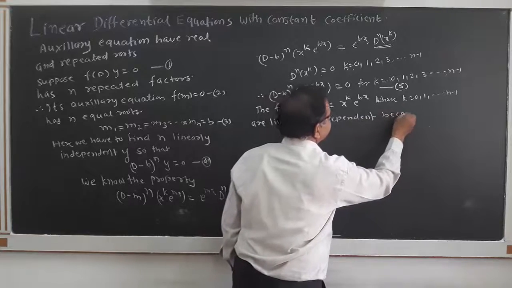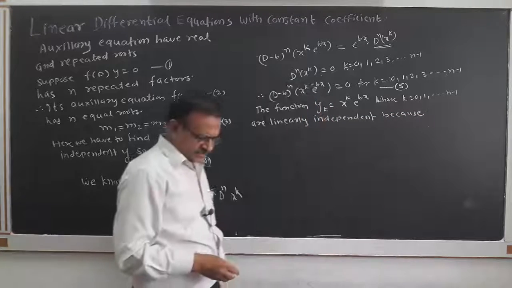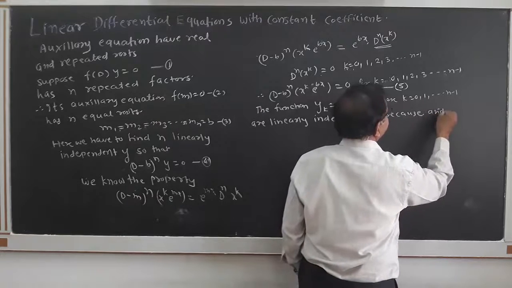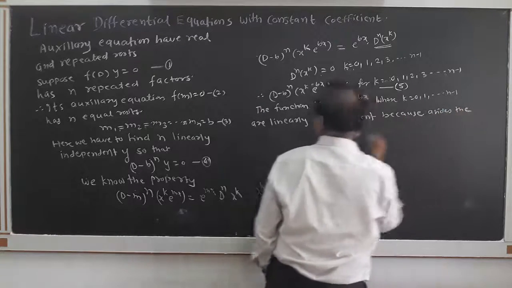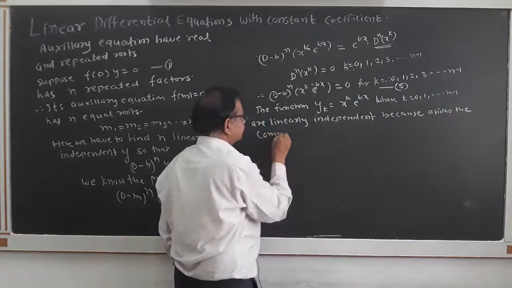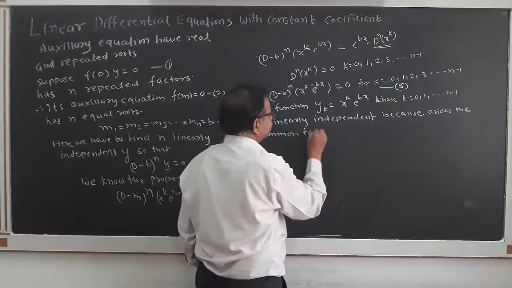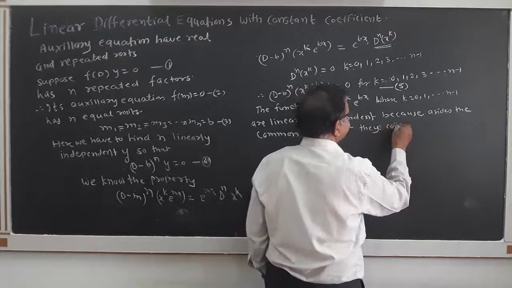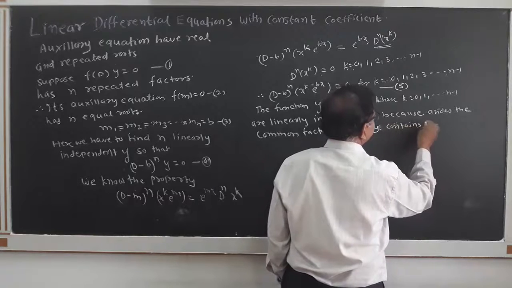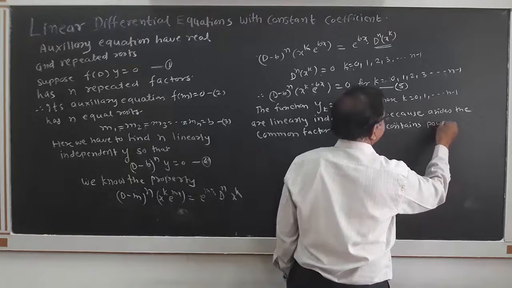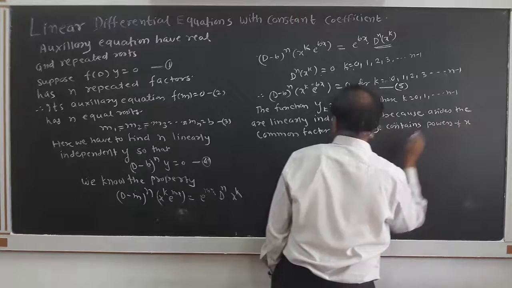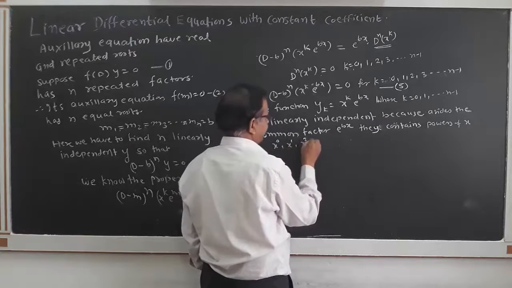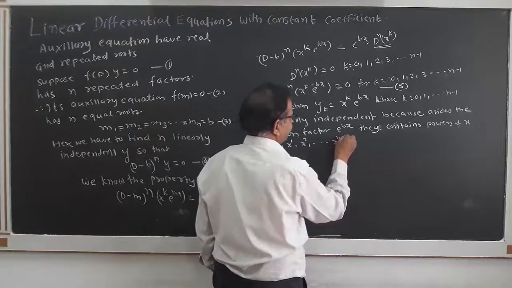Because aside from the common factor e raised to bx, they contain powers of x, that is x raised to 0, x raised to 1, x raised to 2 and x raised to n minus 1.